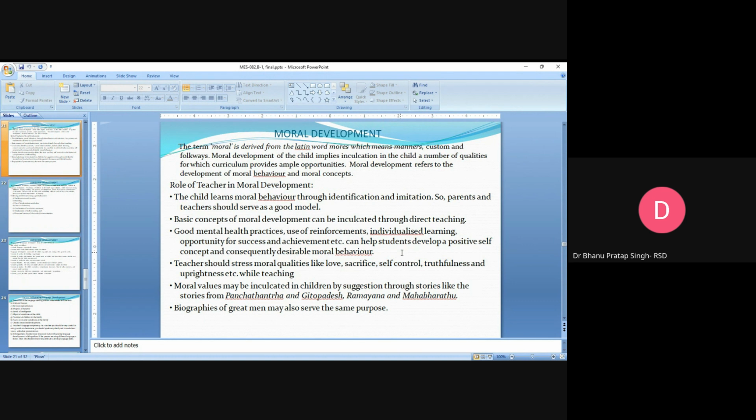Teachers should stress moral qualities like love, sacrifice, self-control, truthfulness, and uprightness while teaching. That should be inculcated by the teachers during the teaching.